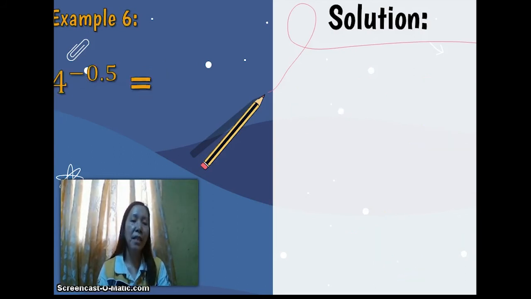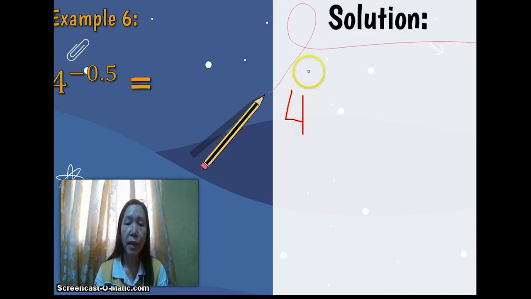Next, what if 4 raised to negative 0.5? Again, we are going to rewrite 0.5 in fraction form. So this is 4 raised to negative 1/2.